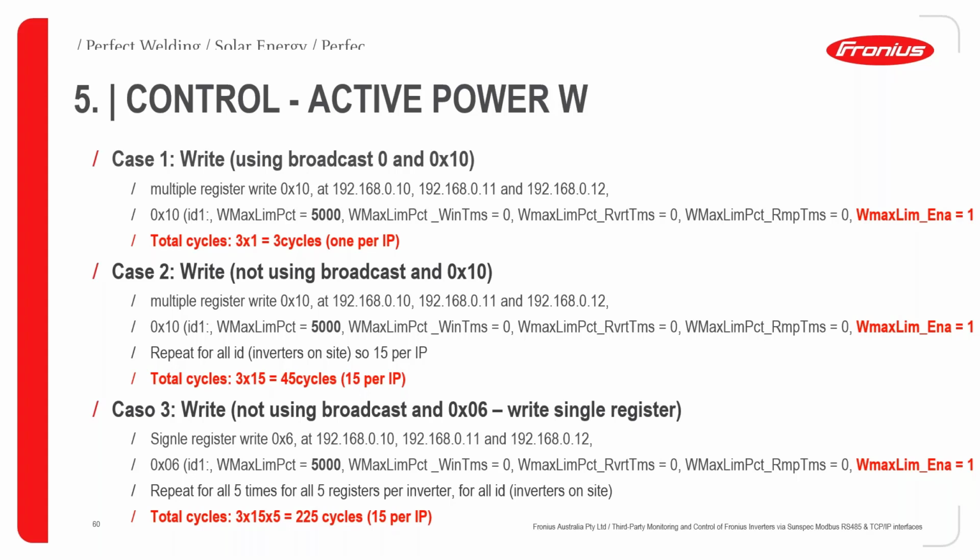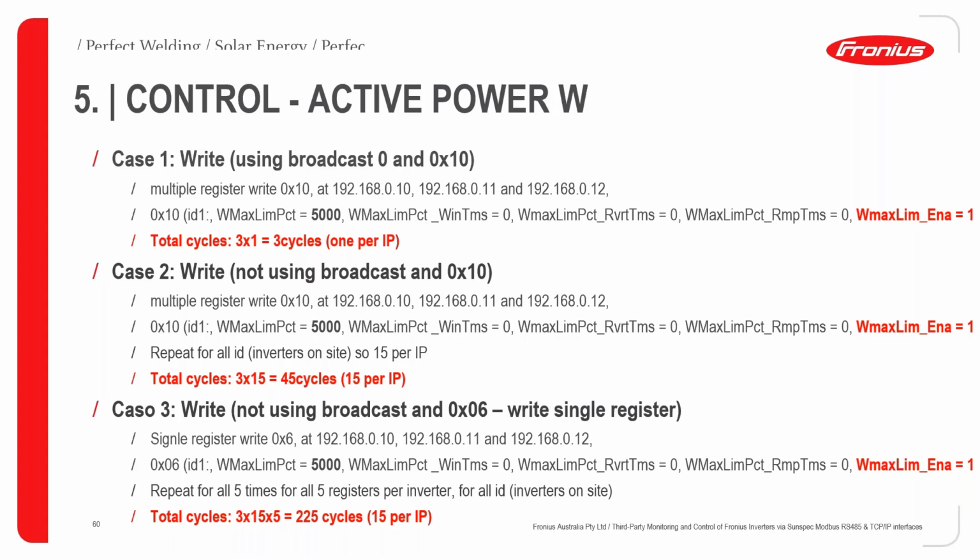As we said previously, there will be 15 each, so the slave IDs will need to change from 1 to 15, and each will need to receive the function to go to the desired state. In this case, 5,000 or 50%. Enable as well. So as I said, repeat for all these 15. In total, you'll probably look at 45 cycles. Remember, I'm talking about the write cycles, not read cycles, only how to write.